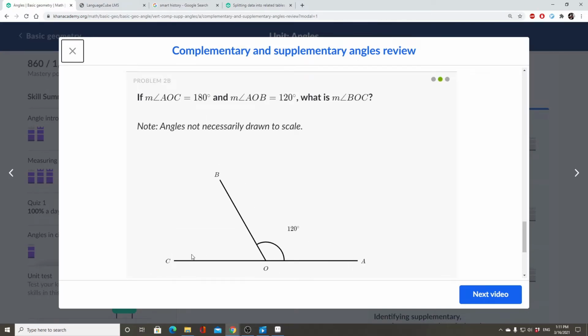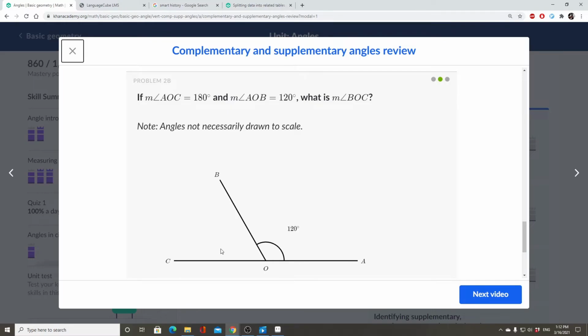Cool. And AOC is 180 degrees, and AOB is 120 degrees. What is BOC? Okay, there's BOC.